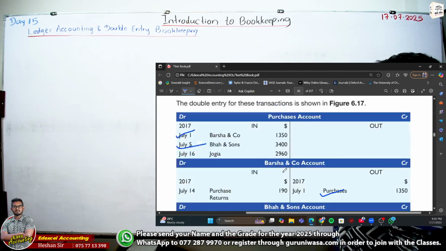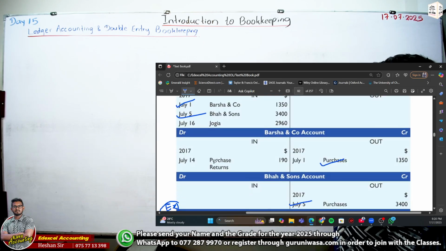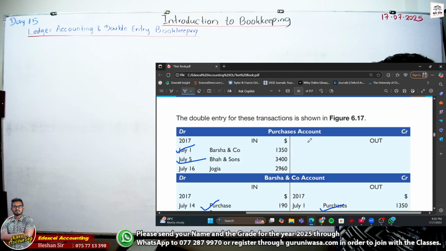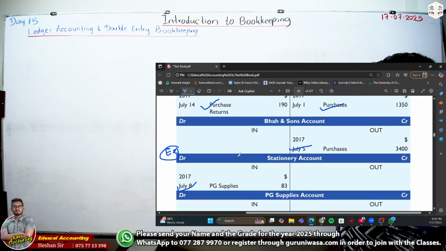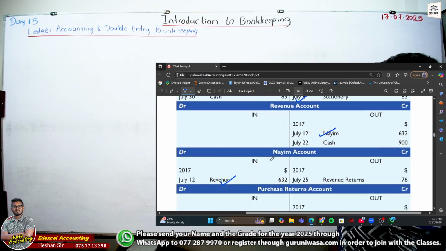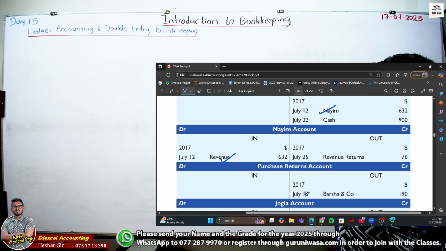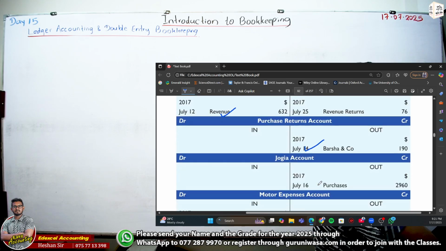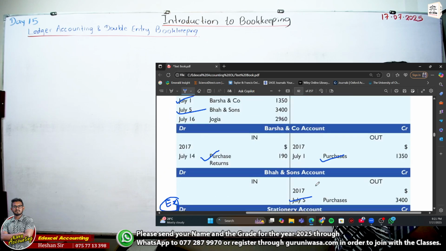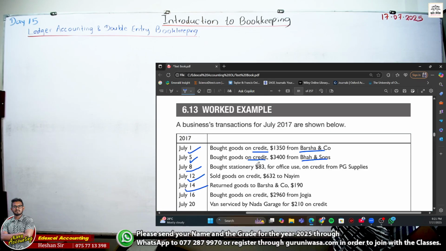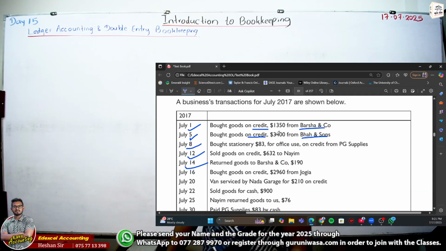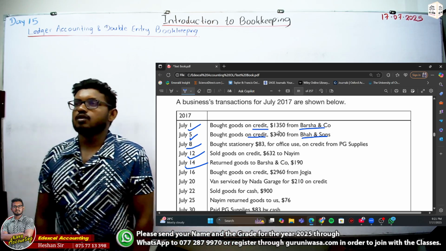Now when we return the goods, Basha and Company account debit. We can't credit the purchase account. Instead, we credit the returns outwards account, the purchase return account, right? Purchase return account credit, because purchase return is an expense decrease.